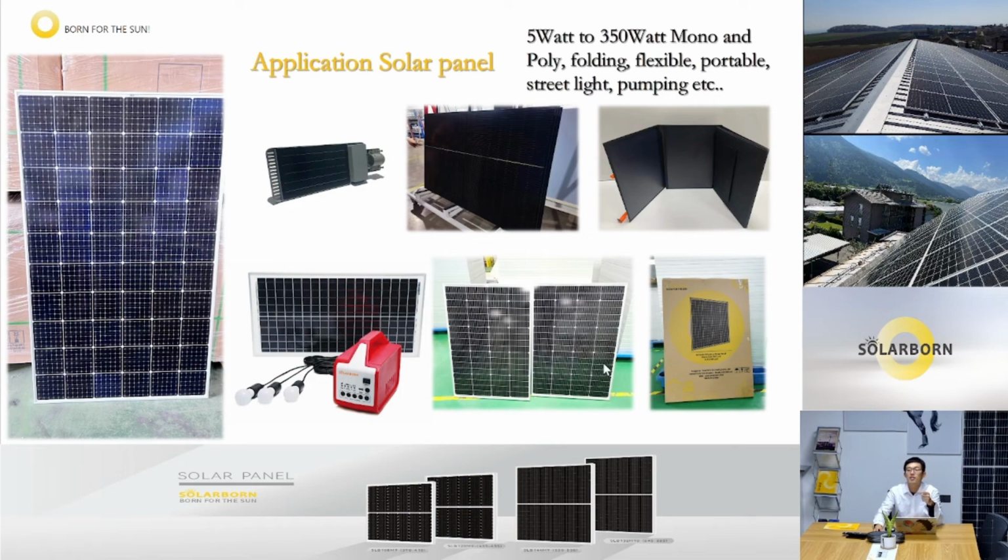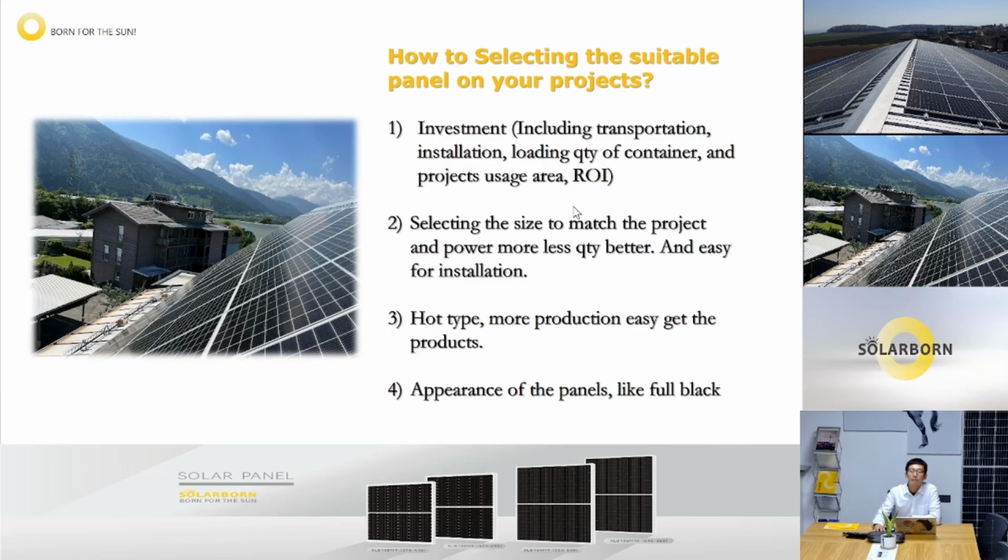This is our Solarborn design for one of our customers. If you want this kind, maybe you can talk with us about how to design a good appearance of the package for you. And how to select the suitable panel for your project.